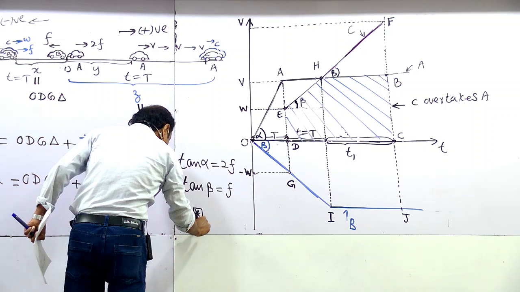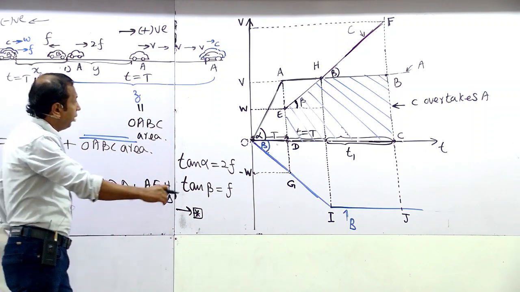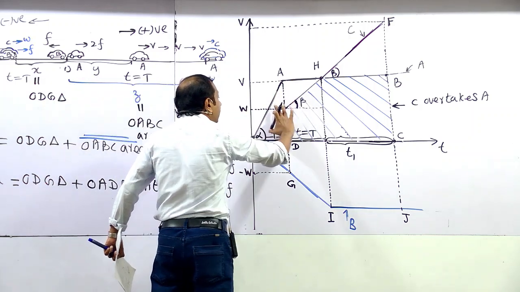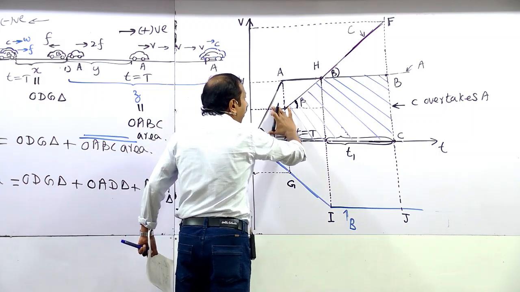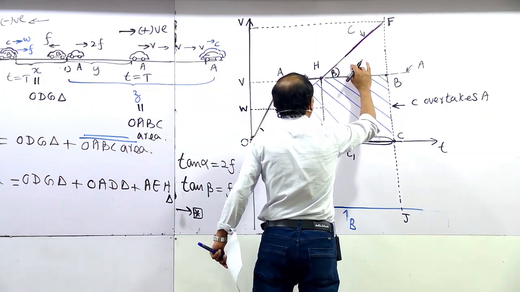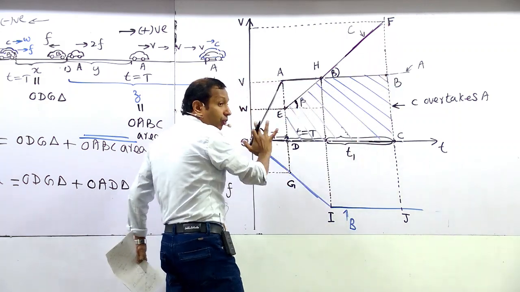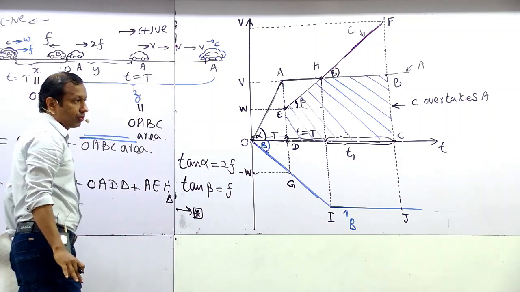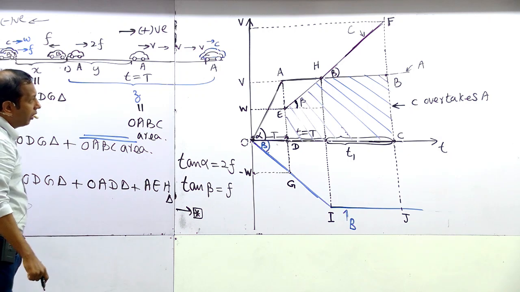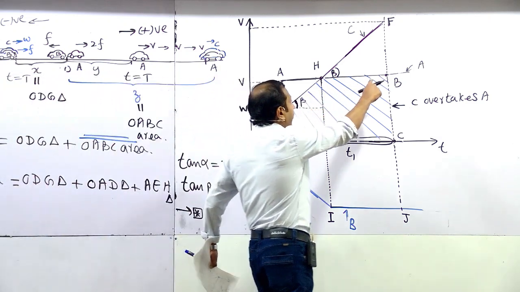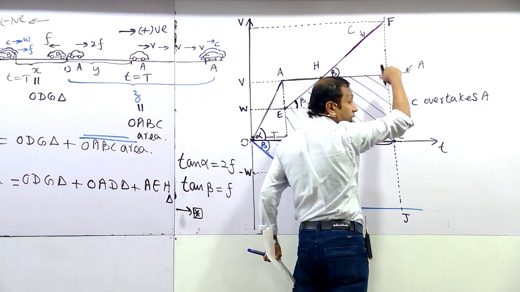In the next moment, we're supposed to substitute. We have enough data to find those areas. To find the HFB area, we need this height. Then apply the tan beta ratio to get this height BF.